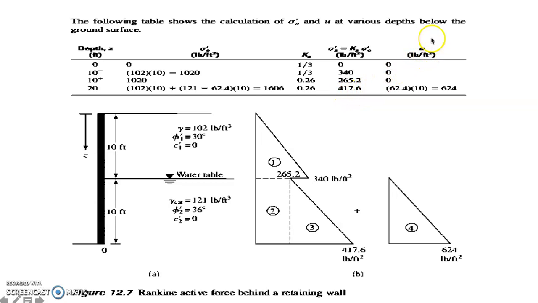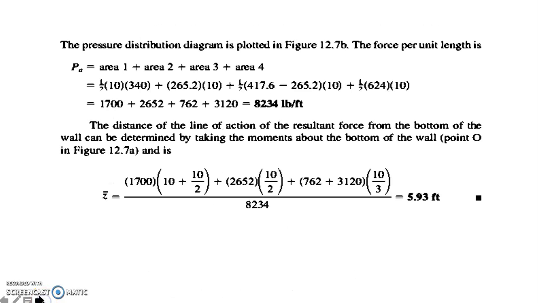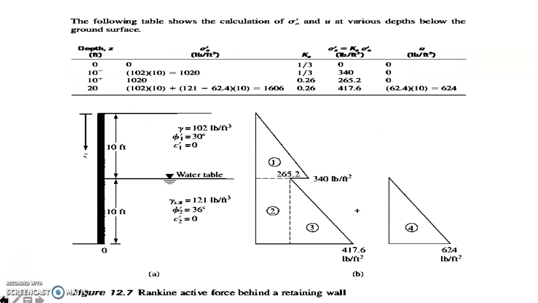For the pore water pressure, we only have it at a certain depth of 10, and the rest are 0. So this gives us 62.4 times 10, which is 624. After that, we can compute the area, or the total force per unit length of the wall. We have here area 1, area 2, area 3, and area 4, derived from our active lateral earth pressure.